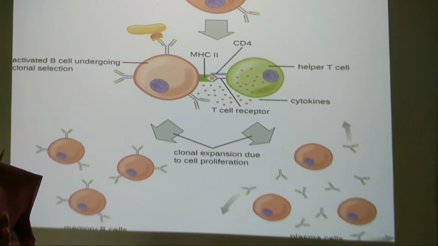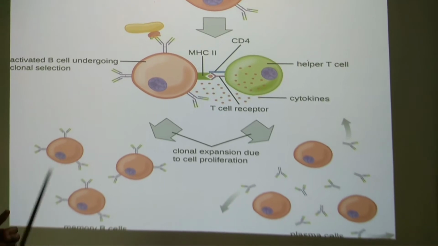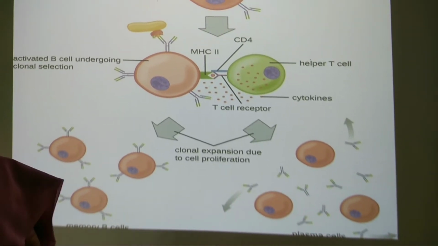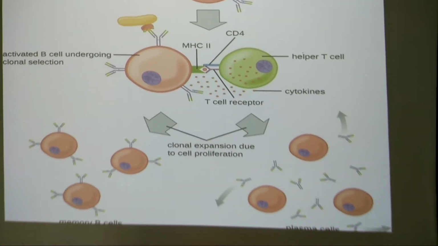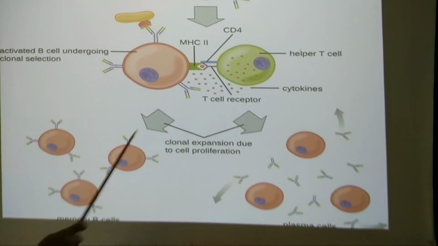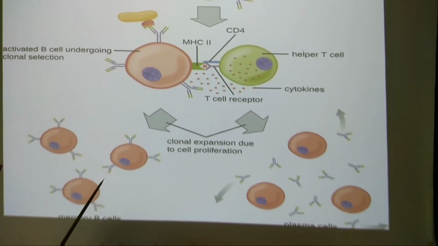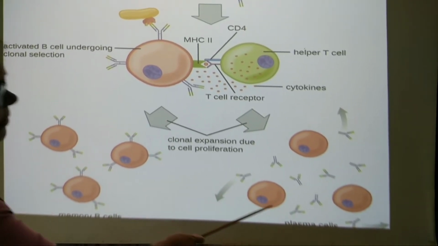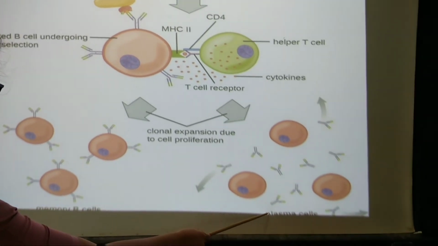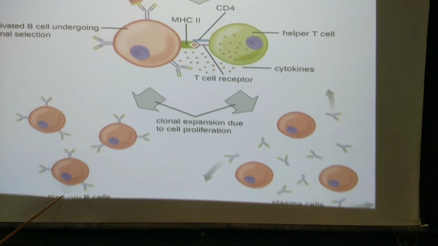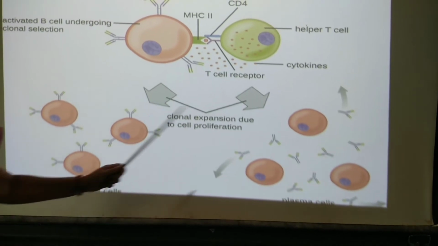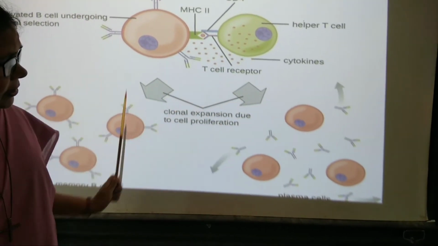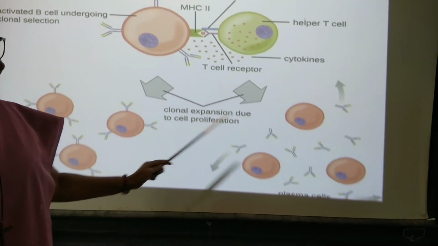So now these cells that are produced will differentiate into two different types of cells. What are they? Here you can see the plasma cell and here the memory cells. The plasma cell arises after activation, proliferation and differentiation.